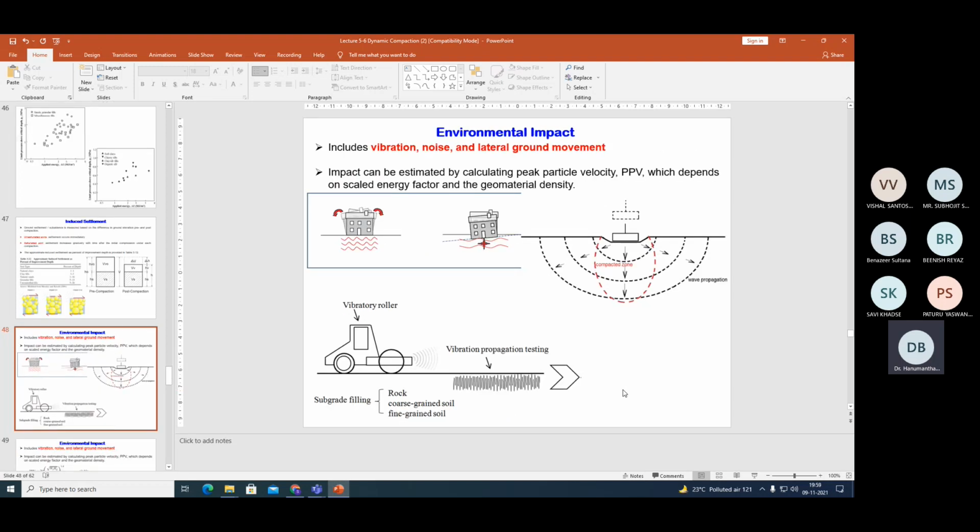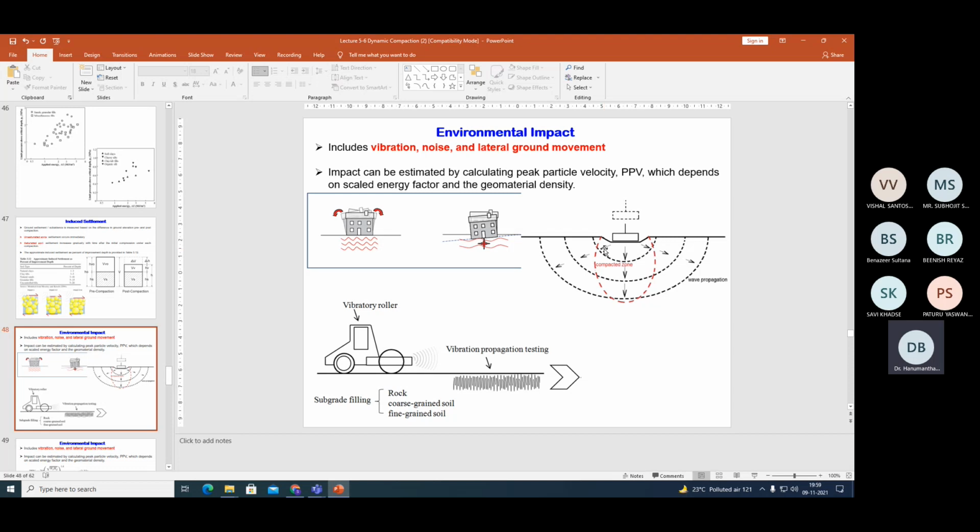One of the important things that you need to understand about deep dynamic compaction is, since you are impacting the zone with a huge amount of energy, there is some kind of environmental hazard. That's because of the vibration created by the drop, or the noise created by the drop, or the lateral movement of the soil as a result of the drop, whatever it could be.